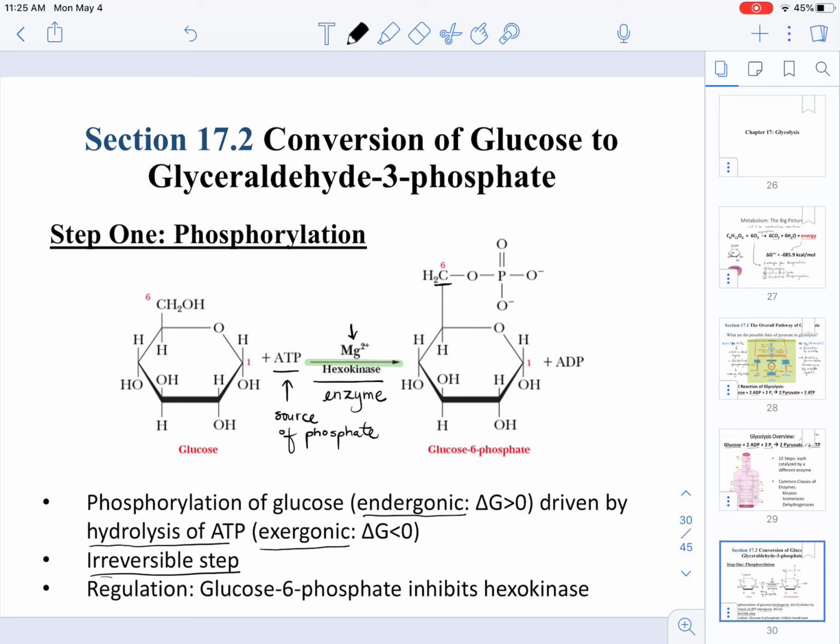So you may ask yourself, why is it that in the first step of glycolysis, we need to phosphorylate glucose? Remember, glucose enters the cell through facilitated transfer.